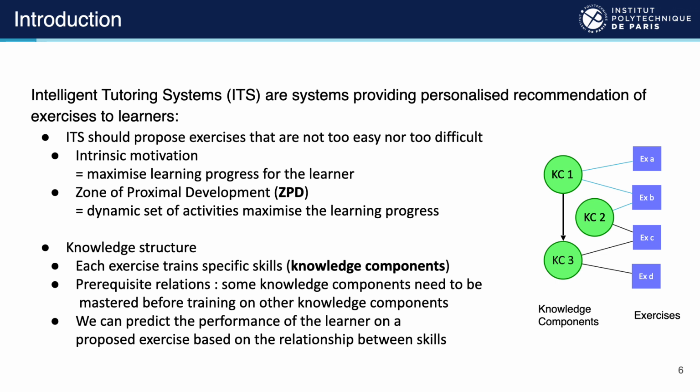So there's a prerequisite relation between addition and multiplication. And if we know that prerequisite relation, then we can predict the performance of a learner on the proposed exercise based on the relationship between skills.